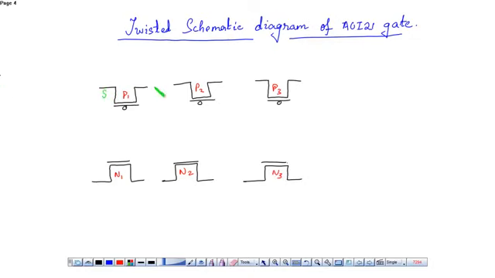This is the source, this is the drain, this is again the drain, source, this is source and we all know these are the gate terminals. This is the drain, source, drain, source, source and drain.